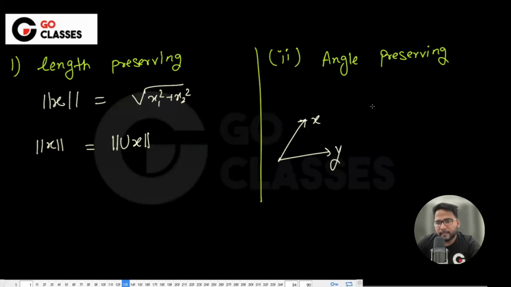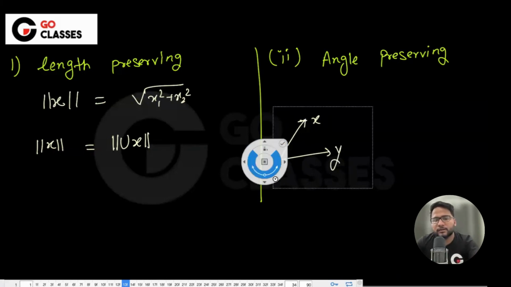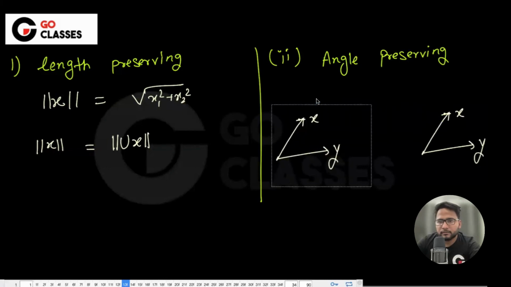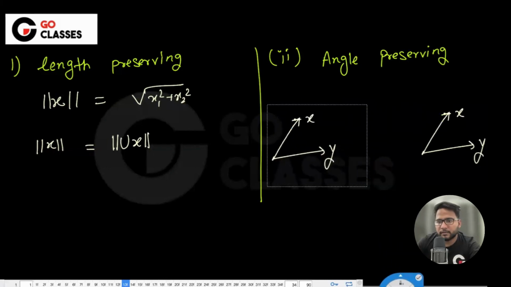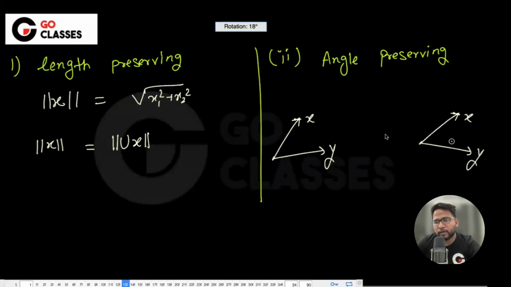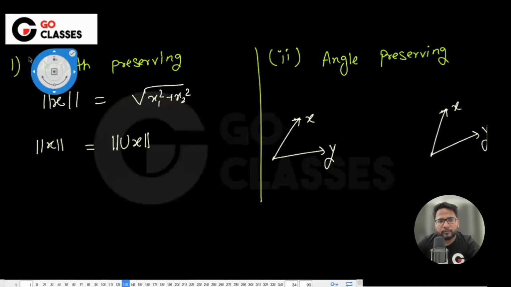If you multiply some orthonormal matrix to them, then what will happen is that they might rotate here and there. So let's suppose u is the orthonormal matrix.